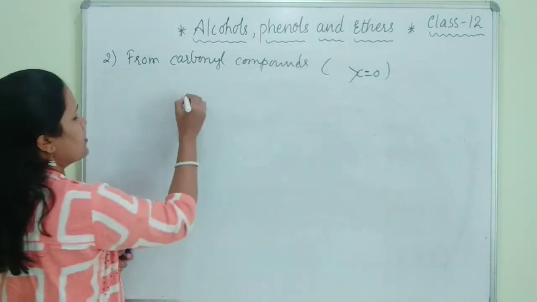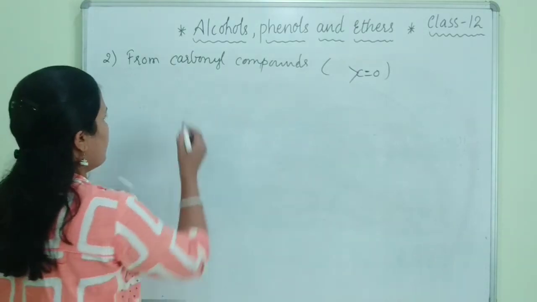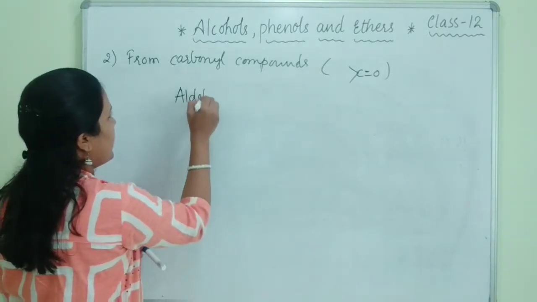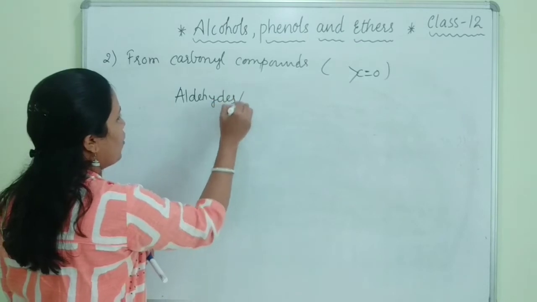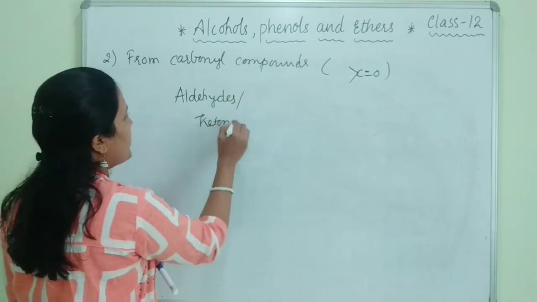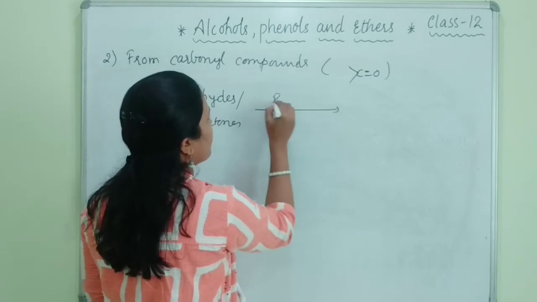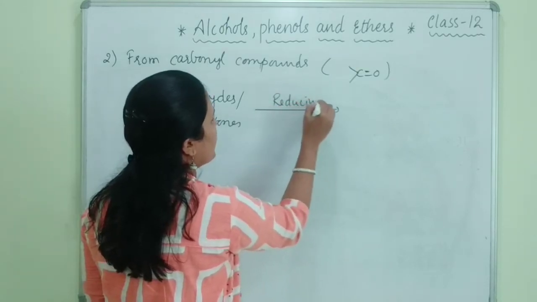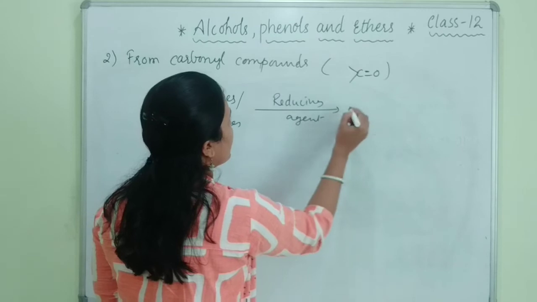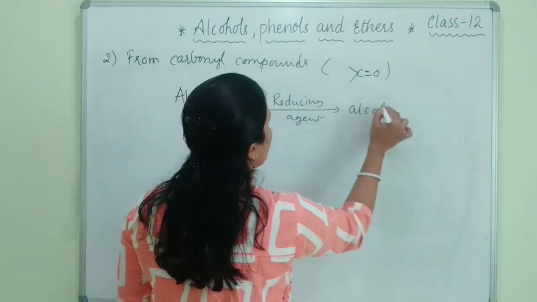This one is a very easy concept. How do we write it? Aldehydes or ketones react with some reducing agent and it converts them into alcohol.